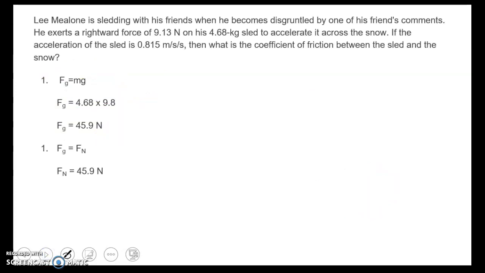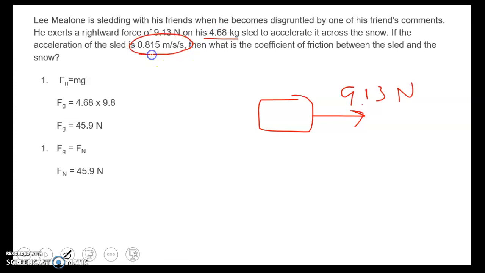Okay, another one. We have somebody sledding, and leave me alone. Funny name. But they're sledding, and he is exerting a rightward force of 9.13 newtons on his sled. And his sled has a mass of 4.68 kilograms, and the acceleration is 0.815. What is the coefficient of friction? So I'm trying to find mu.